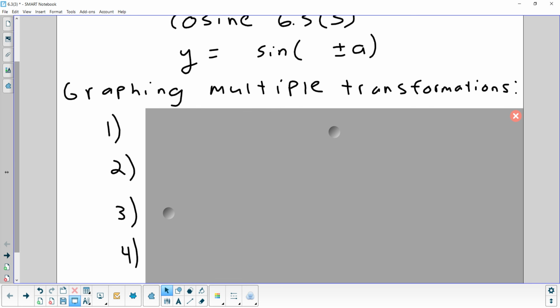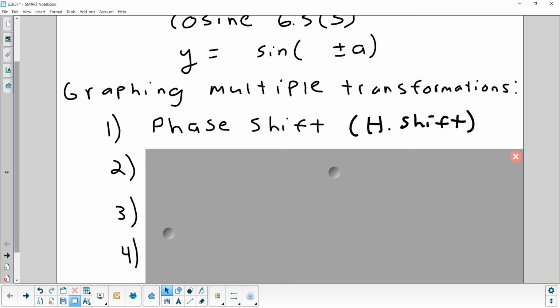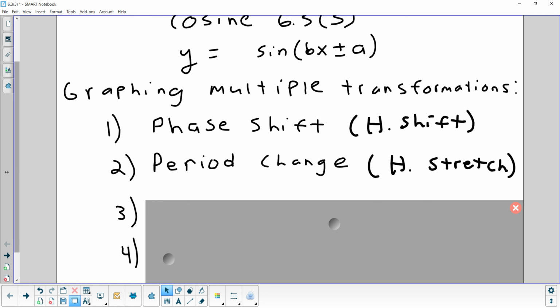So you'd have a plus or a minus a inside. What's the next thing that you look for after that? Nick? Horizontal stretch. That's where you multiply. I'll even put the letter off to the side here so you know which one is which. That's controlled by A. That's controlled by B. Okay, what's the next thing we look for after the horizontal stretch?